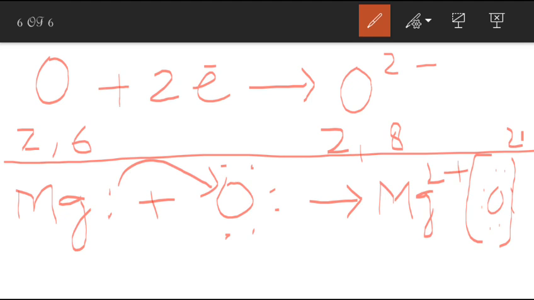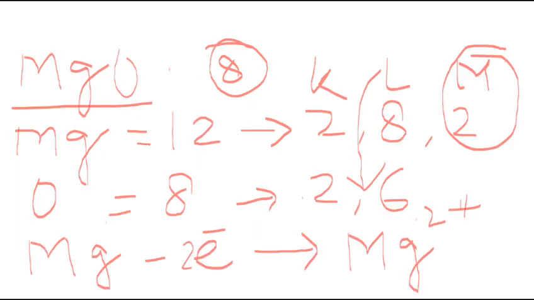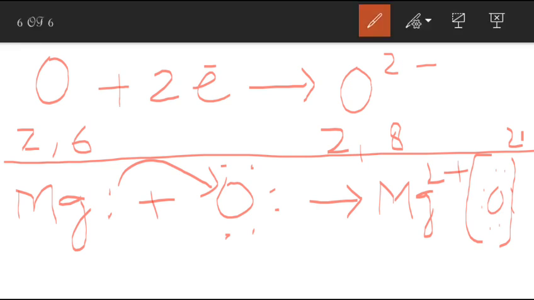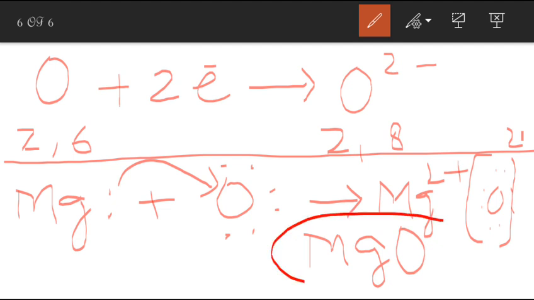Here magnesium will be left with how many electrons? 10 electrons, which is the noble gas configuration of neon. At first it was having 12 electrons and now it will be left with 10 electrons, which is the nearest noble gas configuration. So in this way it will become MgO, magnesium oxide.